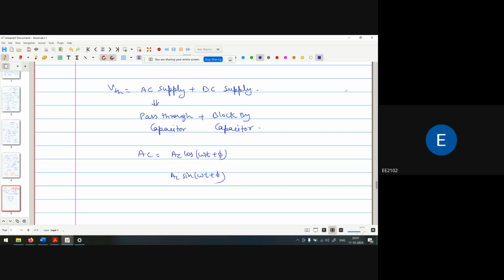And why is this phi factor there? Because of the phase shift, since my circuit is not a pure resistor.